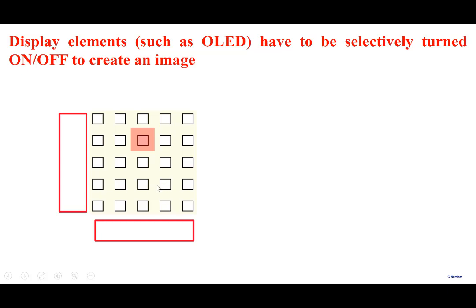If you want to turn the LED on or off, you have to send your current to a particular address. So there are various ways of addressing. Right, so we have to send it to a particular address here, and then that particular LED will turn on. So there are various ways of organizing LEDs and various ways of addressing them, lighting them up selectively. One of them is called direct addressing.